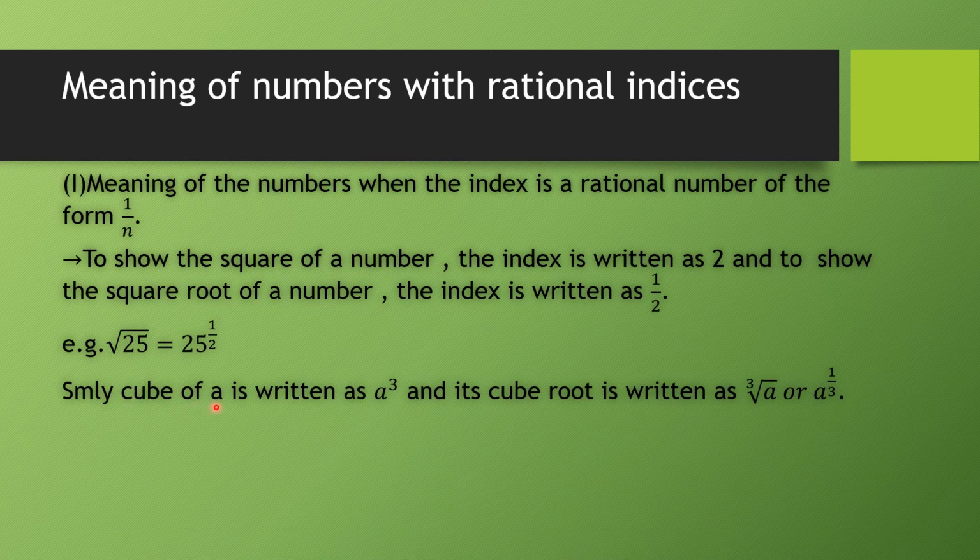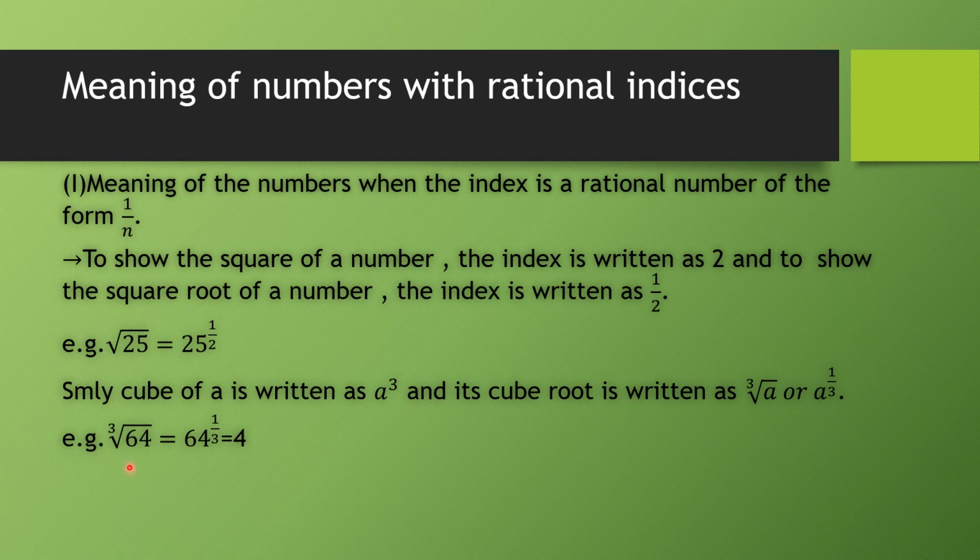Similarly, cube of a is written as a cube, that is a raised to 3, and its cube root is written as cube root of a. You draw the radical sign and write 3 on it, which means cube root of a, or it can be written as a raised to 1 upon 3.